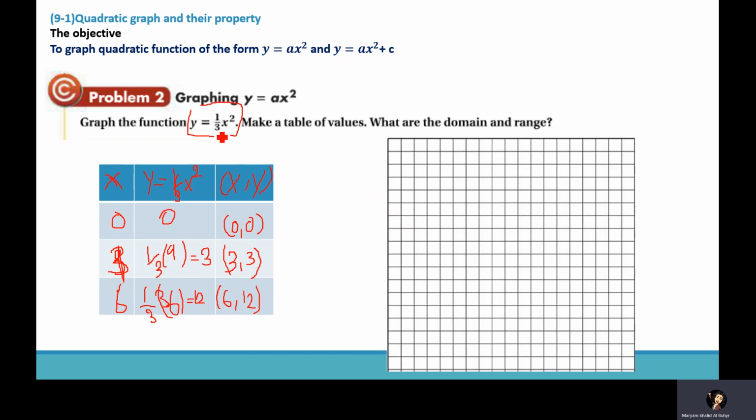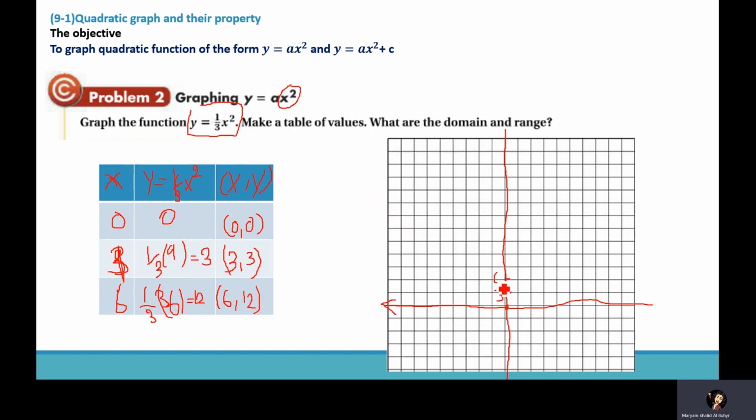Now, since the coefficient of x to the power 2, which makes it a quadratic, is positive, for sure the parabola will open upward. Now I will use the symmetry that will help me. I'm finding only the right side, so I will keep this 0, and I keep adding 3.